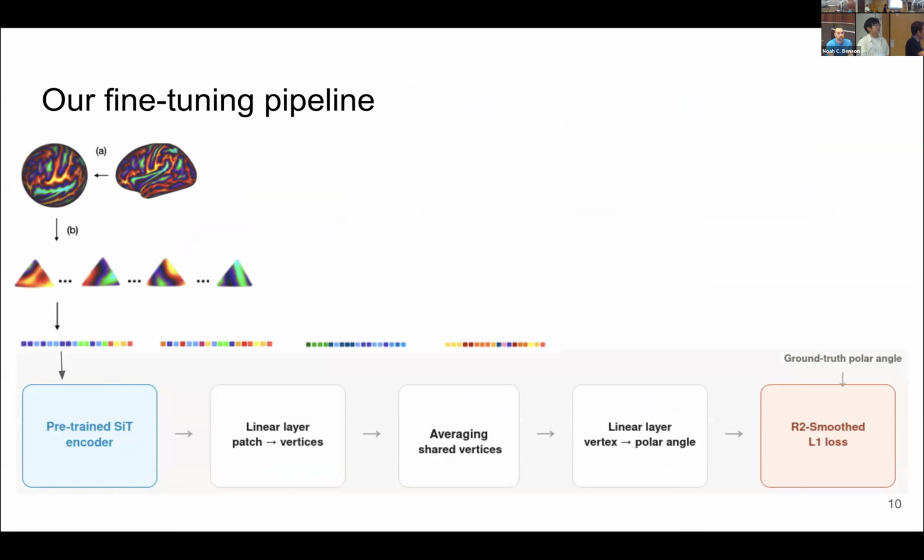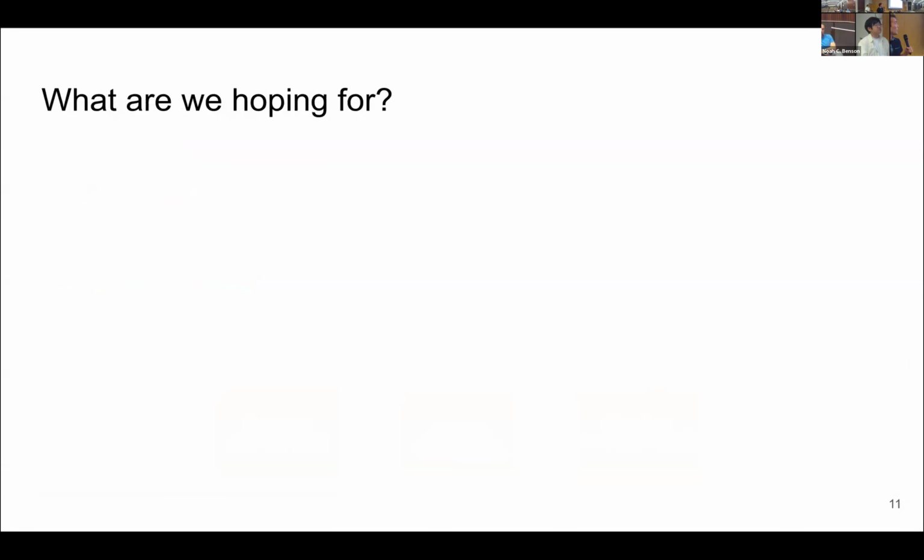And basically the next step serves this purpose of injecting vision-specific knowledge into the representation, coming up with a single scalar for each vertex that represents our prediction of polar angle. In between, there are some very technical steps that basically serve the purpose of going from a patch granularity to a vertex granularity, but the idea is still that in the end, you come up with a single scalar for each vertex and you use it to compute an L1 loss to train the model.